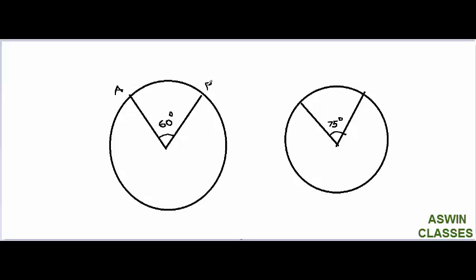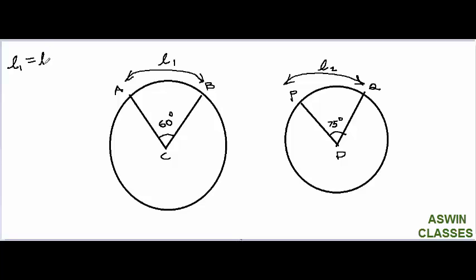You are given this length AB is equal to this one PQ. Suppose this be the center C, and this one T be the center of the other circle. For convenience, let us take this as L1 and this one as L2. So you have L1 equal to L2, that is given.